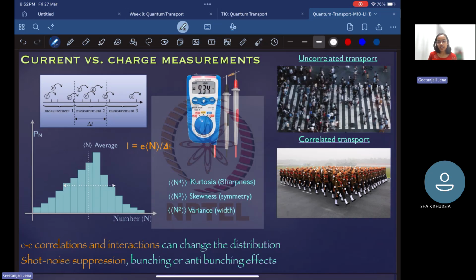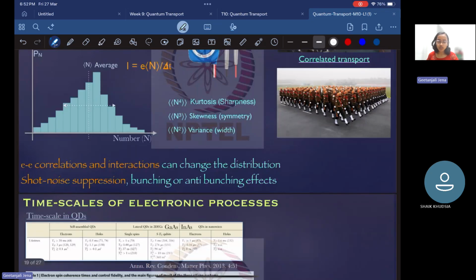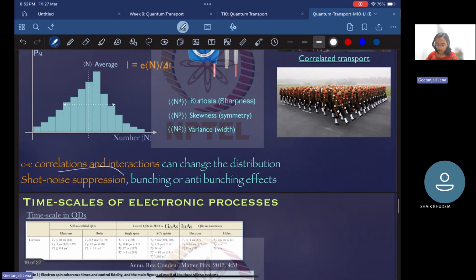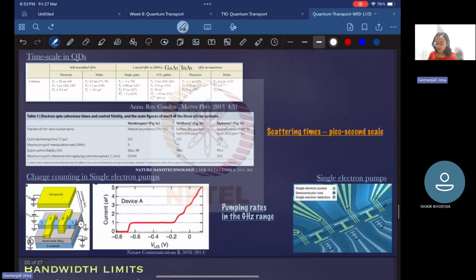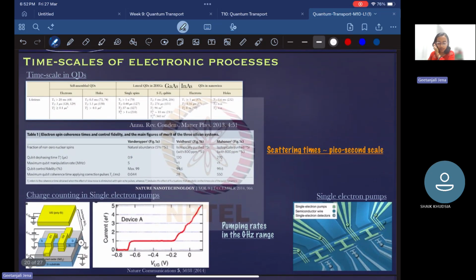In correlated transport it's possible to suppress the noise level, so we'll see shot noise suppression and bunching and anti-bunching effects, where the noise level is much lower.